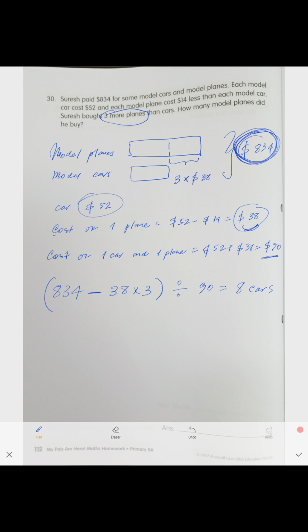So 8 cars plus 3, 8 planes, 8 cars or 8 planes, it doesn't matter, it's the same amount. So 8 plus 3 is 11. So that's your answer. He bought 11 model planes. All right.